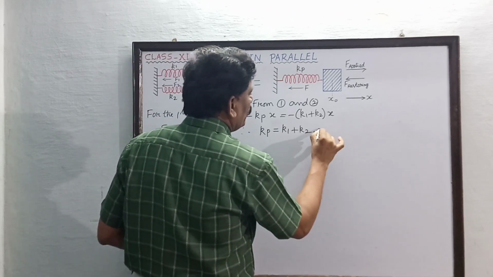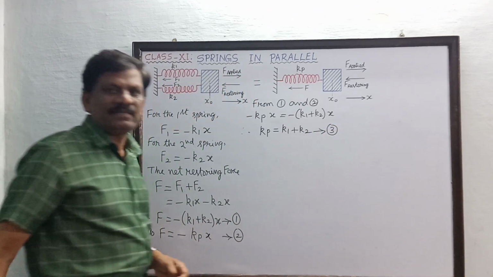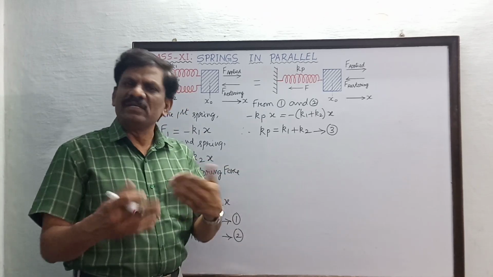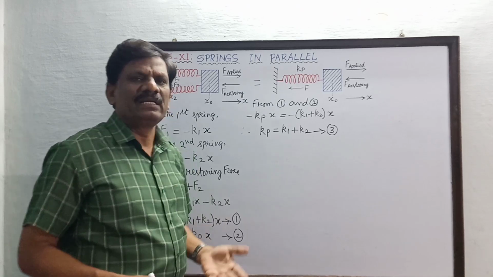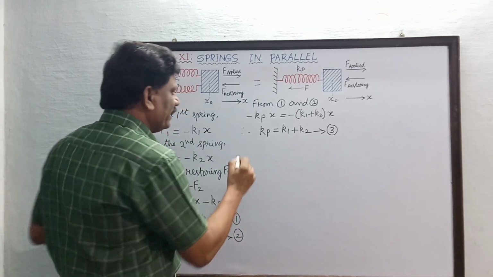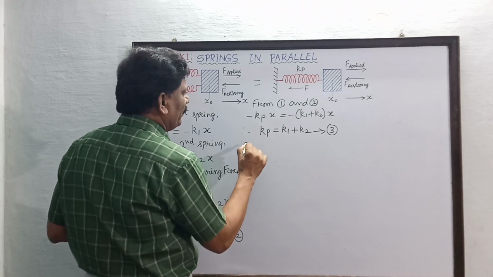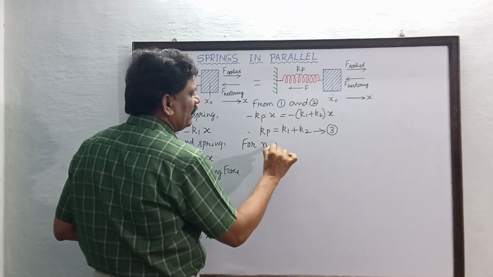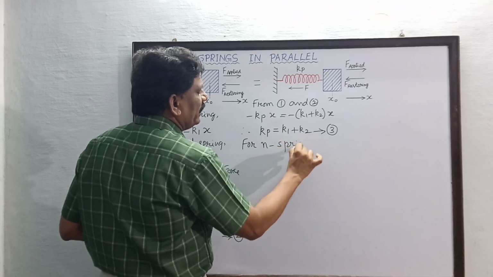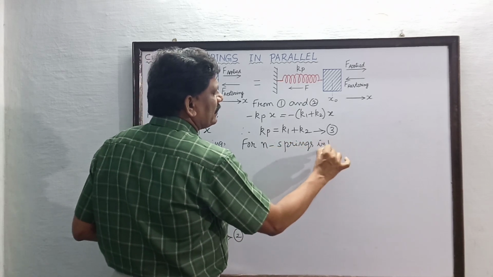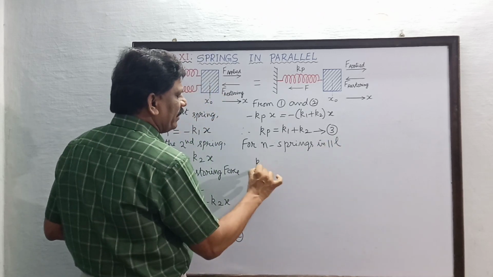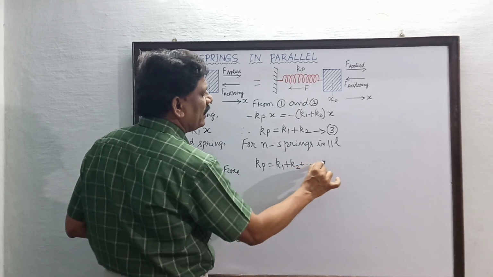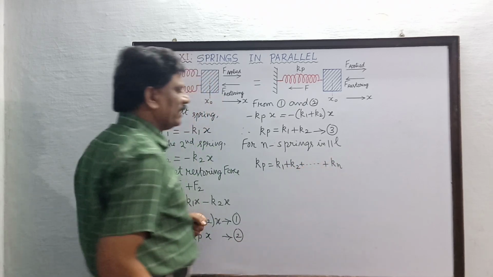So this is also a very important step for us. If there are two springs, then we have to add their individual spring constants. Suppose there are n springs of any type, then for n springs in parallel, K parallel will be equal to K1 plus K2 plus etc., and the last term is Kn.